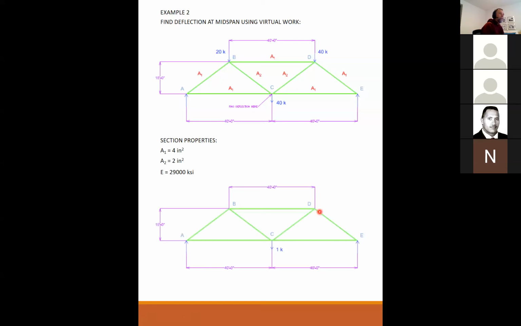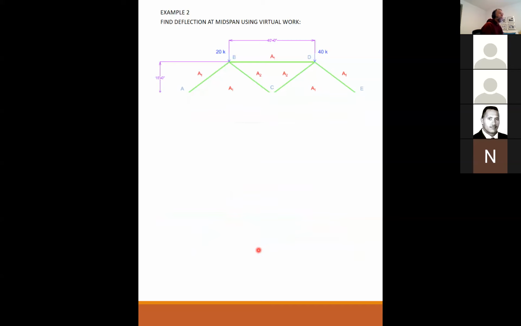And so here's again a free body diagram of the problem. I have an unknown reaction at A and E and a 1 kip virtual load at C. So I have to solve all the truss forces with the virtual load.